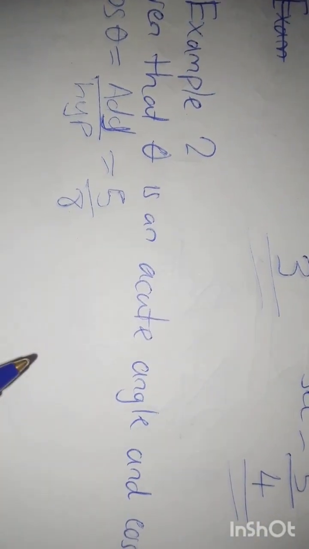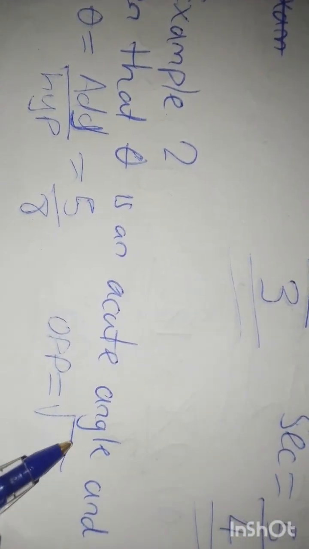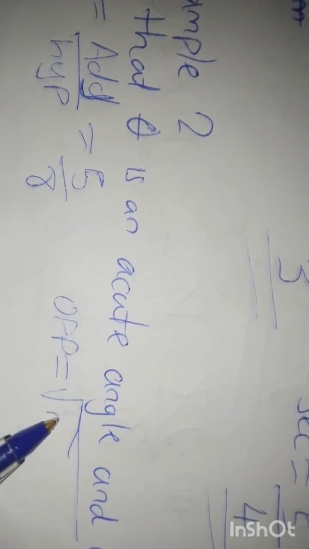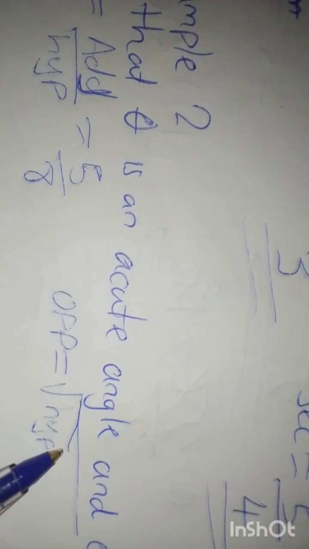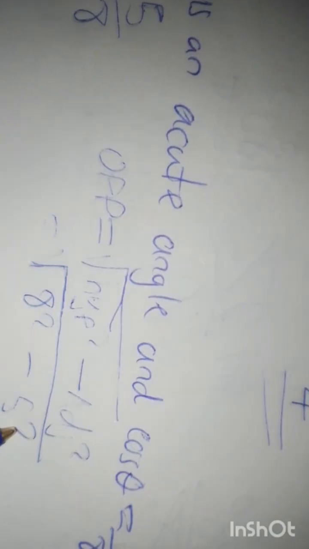To find our opposite side, the formula is opposite is equal to root of hypotenuse squared minus adjacent squared. So we have root of 8 squared minus 5 squared.